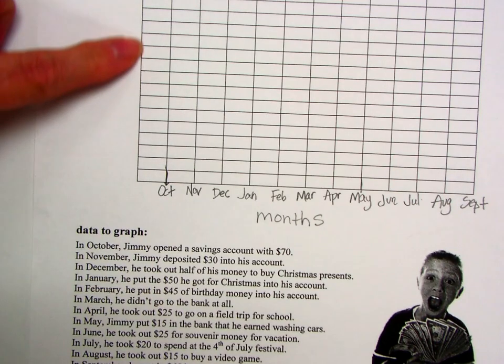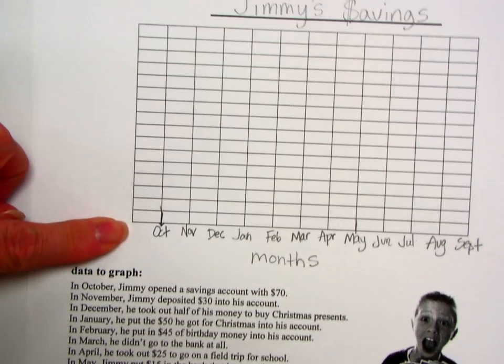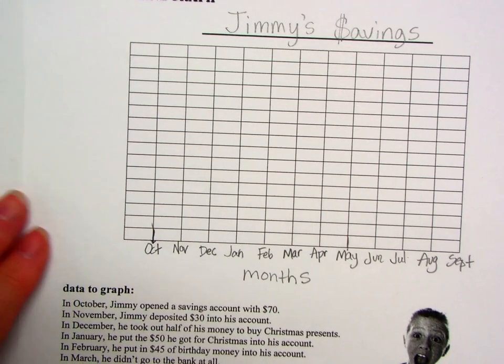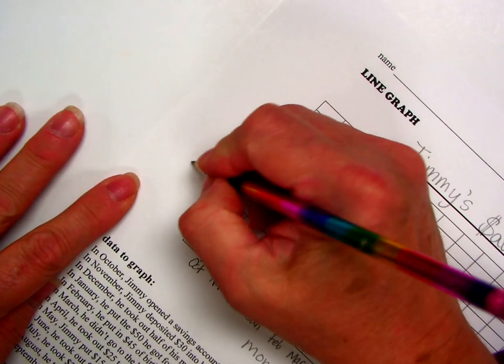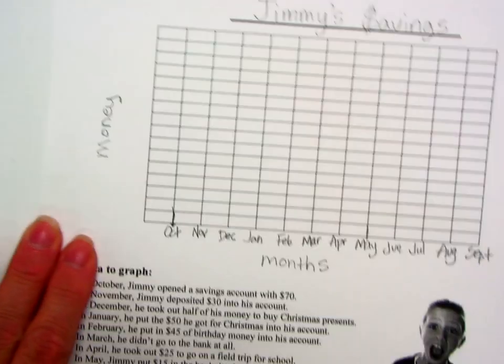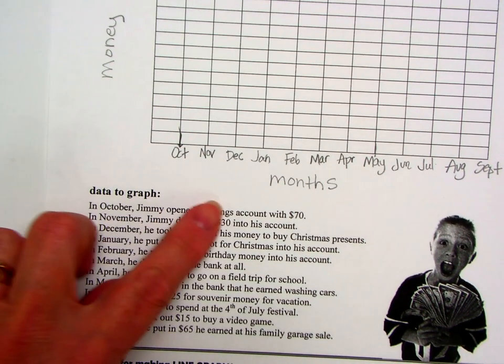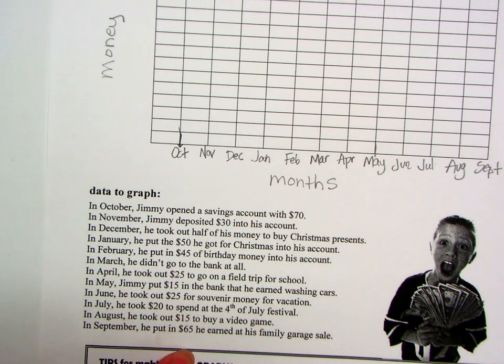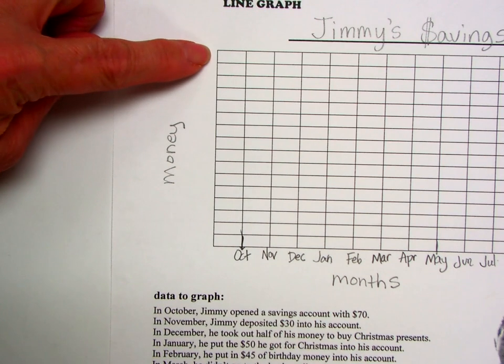So this side is going to keep track of the money and how much money he has. So I'm going to write money for my label for this side. And I can't really tell just by looking at these how much money, the most money he has in his account at any one time is going to be.